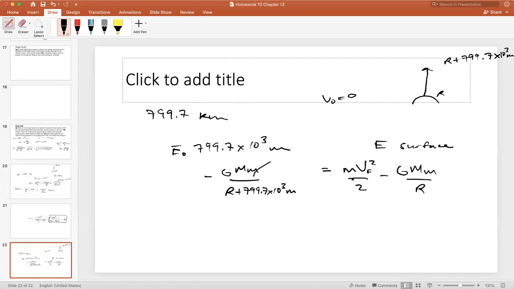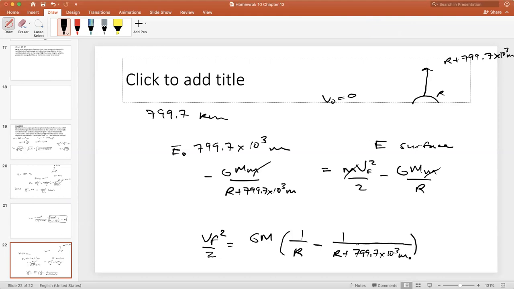Again, all these little masses go away, and we see that V final squared over 2 is equal to GM times 1 over R minus 1 over R plus 799.7 times 10 to the third meters, okay?